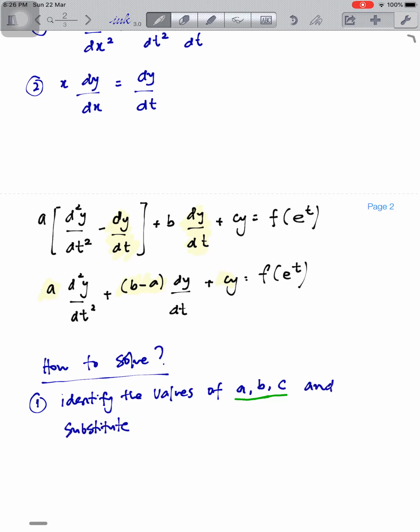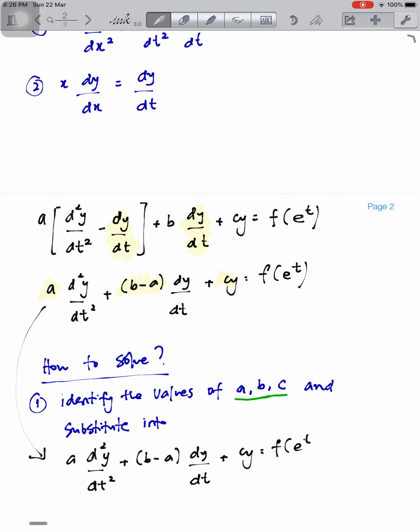So it's the equation that we have derived just now. That is actually a formula. So we're going to substitute into the equation of a d squared y over dt squared plus (b minus a) dy over dt plus cy, and that is going to equal some function f of exponential t.